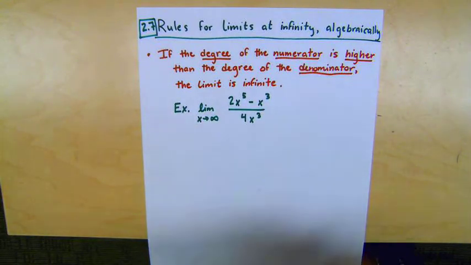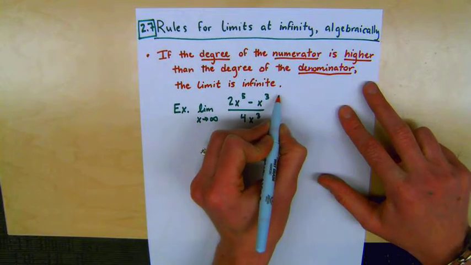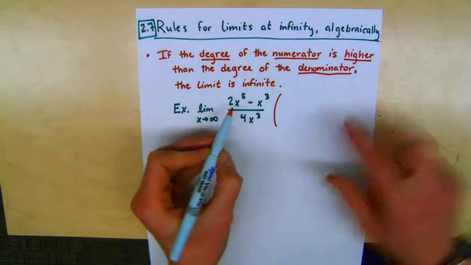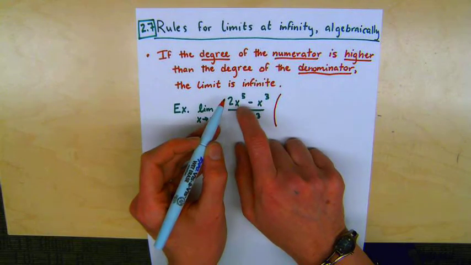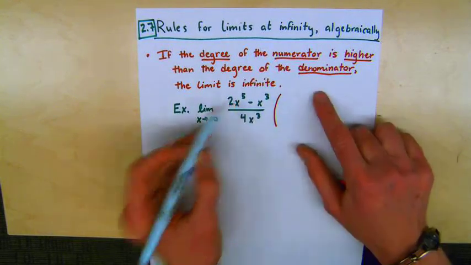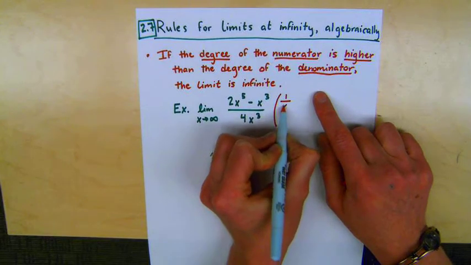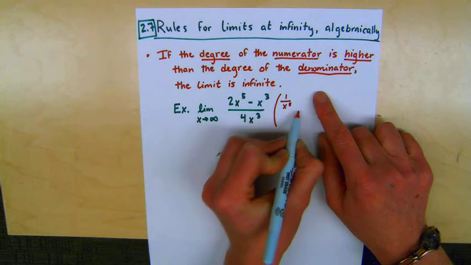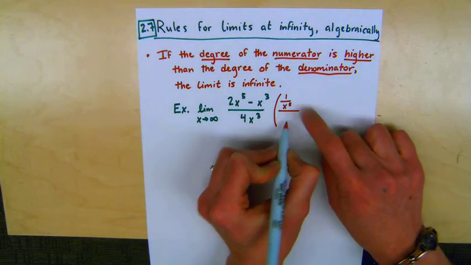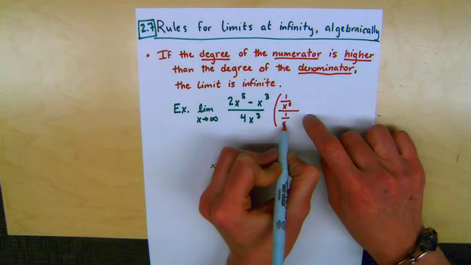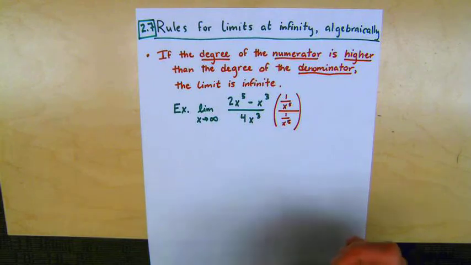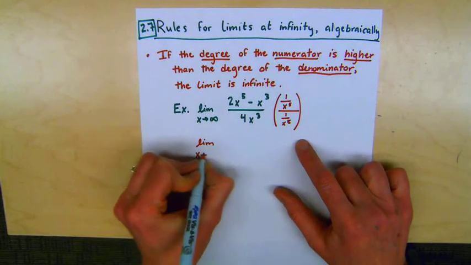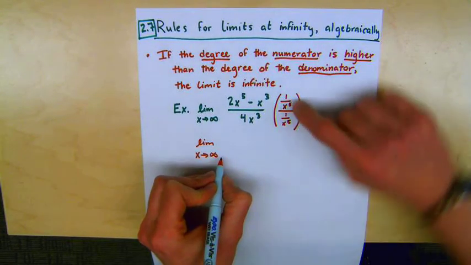The way that we formally evaluate this algebraically is I'm going to divide out this largest degree term. So I'm going to multiply the numerator by 1 over x to the 5th and the denominator by 1 over x to the 5th. And I'm doing that because I notice that this is the limit as x goes to infinity.